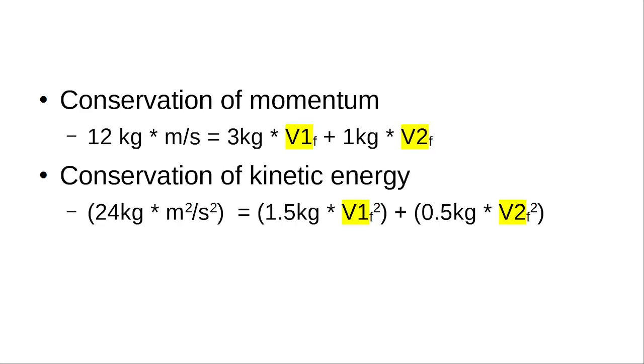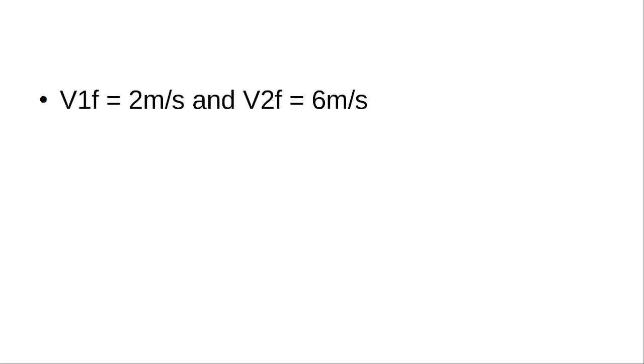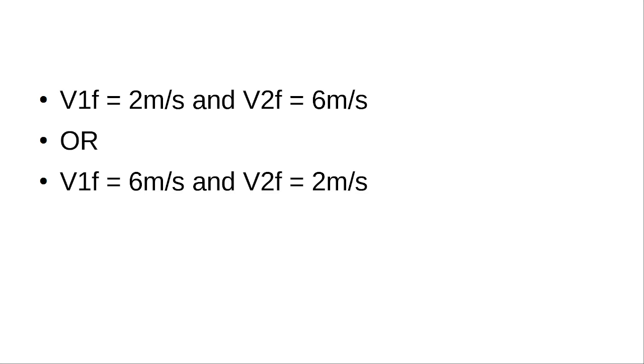Well, if we go back, you can see that for final velocity 1 in the kinetic energy equations, there's a square, which means there are two solutions for this equation. Now, which one is valid? Well, if you think for a moment, the answer should be pretty clear.